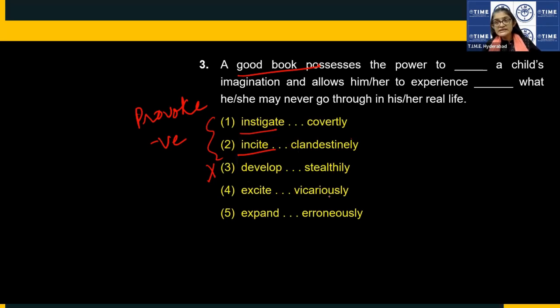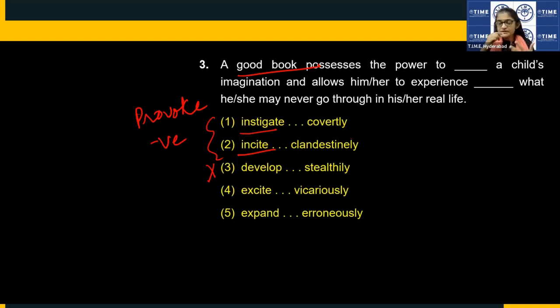What is vicarious? A vicarious experience is one that you do not have directly, but you experience it through another means. Like when you read a book, which is set in, let us say, the 15th century, you are not going to the 15th century, but you get to experience through the book what life meant in the 15th century. Or you can say, parents get vicarious pleasure from their children's success, right?